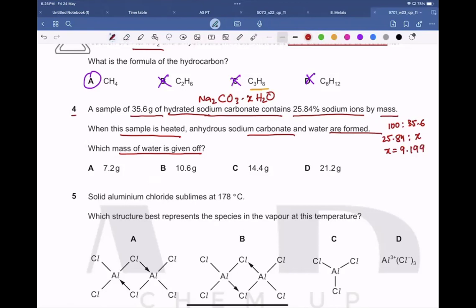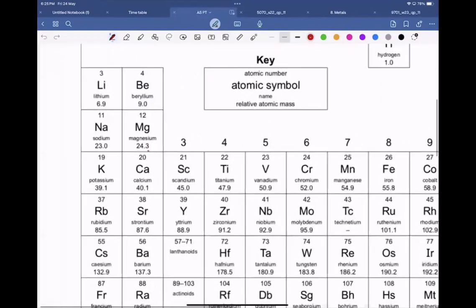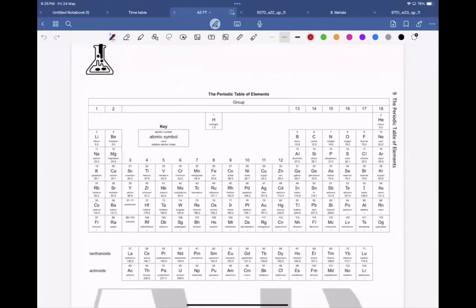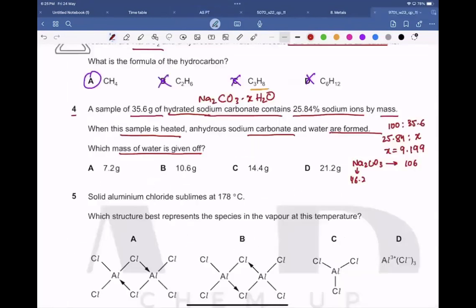Okay. Now see, if we ignore water and think of sodium carbonate only, its Mr is 106, and there is 46 gram of sodium, because it's 23 for sodium, so 46 gram of sodium.